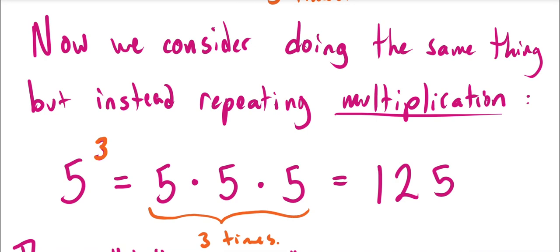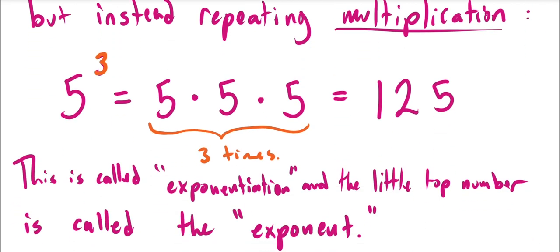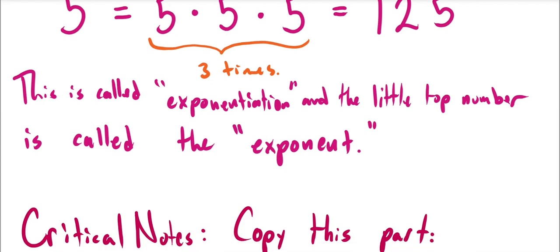It's in what we call the superscript, in the upper right-hand corner. And what this tells me is that we are doing 5 times itself 3 times. 5 times 5 is 25, and 5 of those is 125. So we call this exponentiation. The little number up top is called the exponent, and the bottom number is called the base.